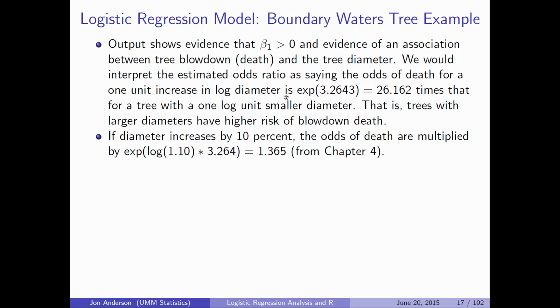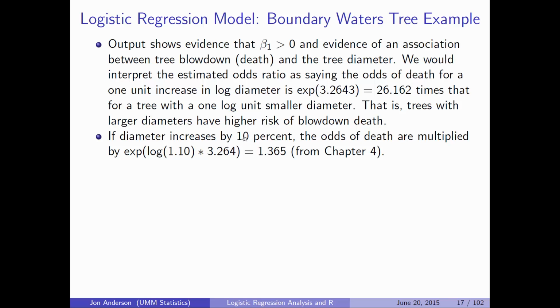One more unit in log diameter would be e to the 3.26, which is 26 times the risk for one log unit smaller. That's an enormous increase in risk. We learned how to talk about increases in log variables, and so you could use that information that you learned earlier in the course from chapter 4.